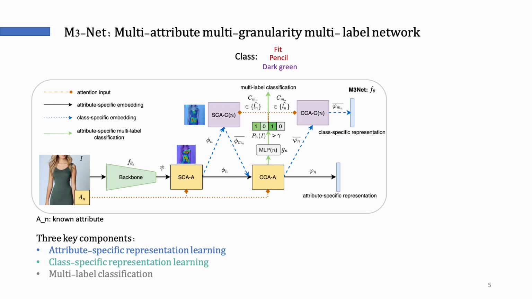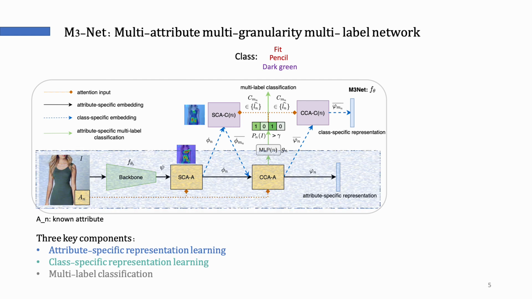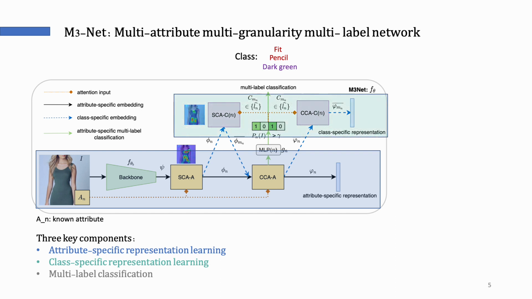Therefore, in our work, we propose the multi-attribute, multi-granularity, multi-label network, aka M3net. M3net has three key components, including an attribute-specific representation learning that learns representation for all attributes for a fashion product, and a class-specific representation learning that learns representations for all classes under all attributes.